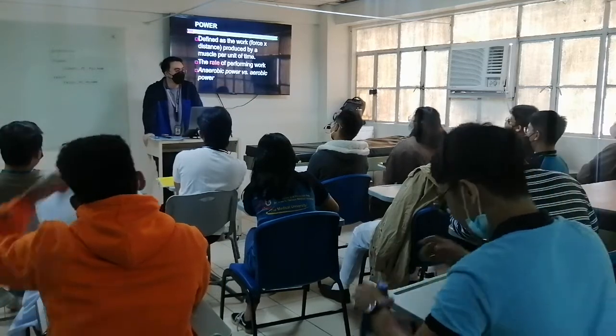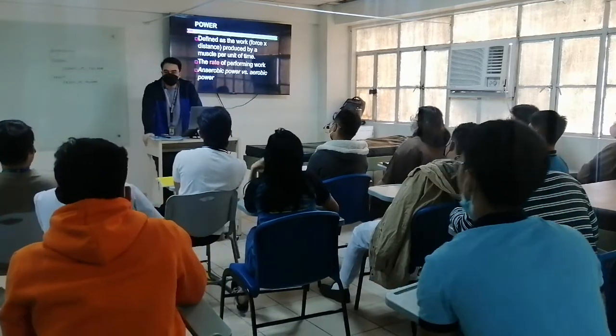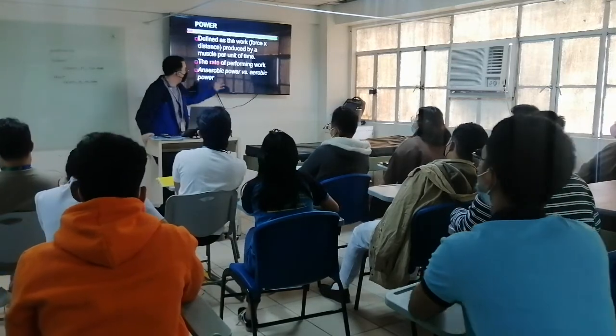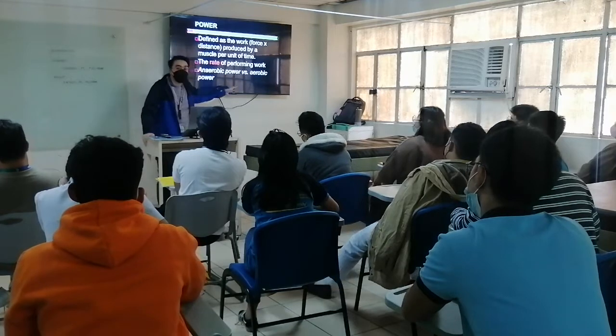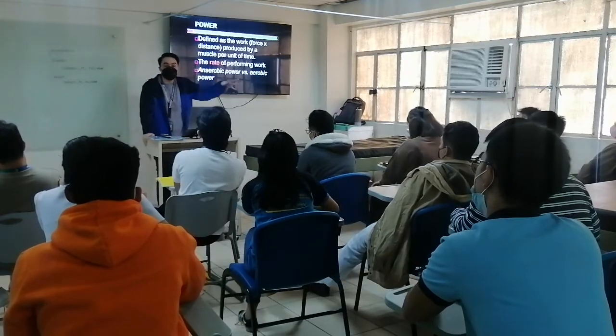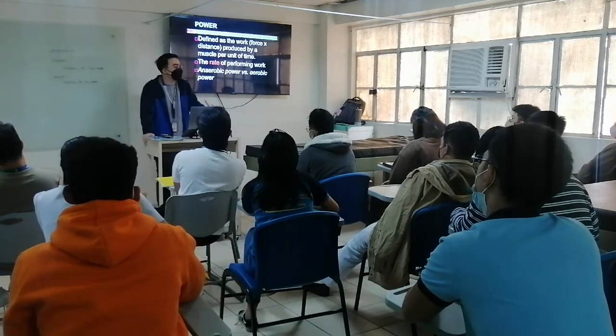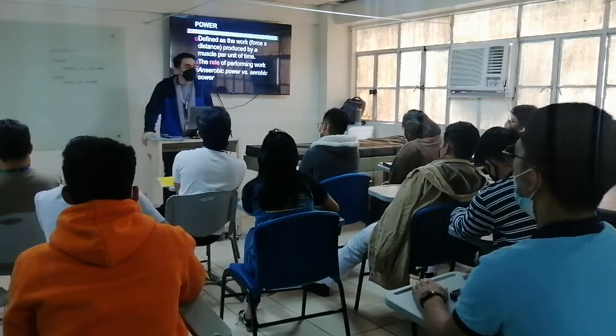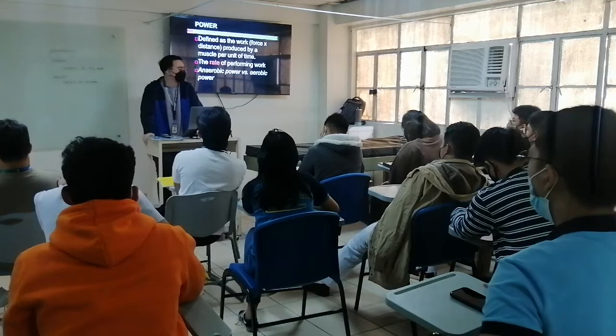Anaerobic or aerobic? Aerobic. What about powerlifting? Anaerobic. Ibig sabihin na aerobic, meaning pertaining to oxygen, so it uses oxygen as an energy source. As long as oxygen is available, you can execute that task or you can produce muscle contraction.